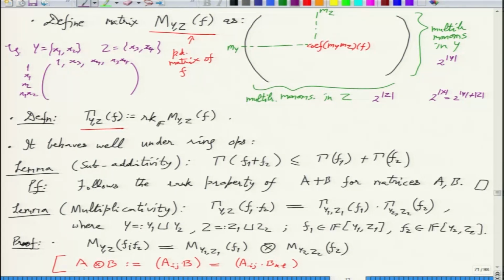So you have m cross n and m prime cross n prime. Then the final number of rows is m m prime, cross n n prime.